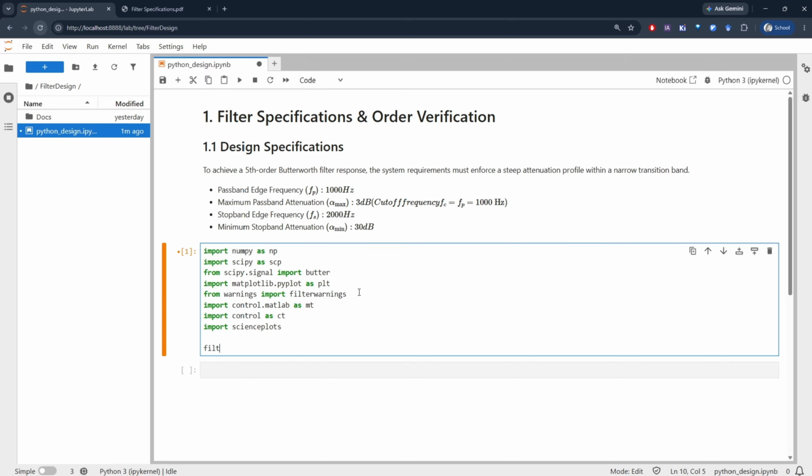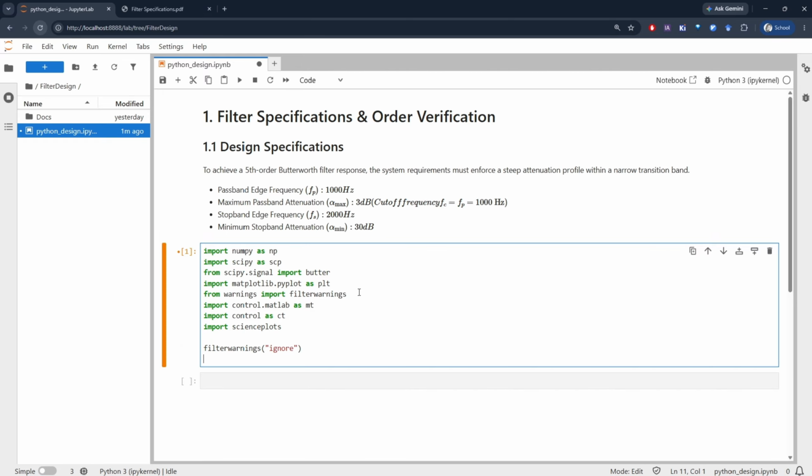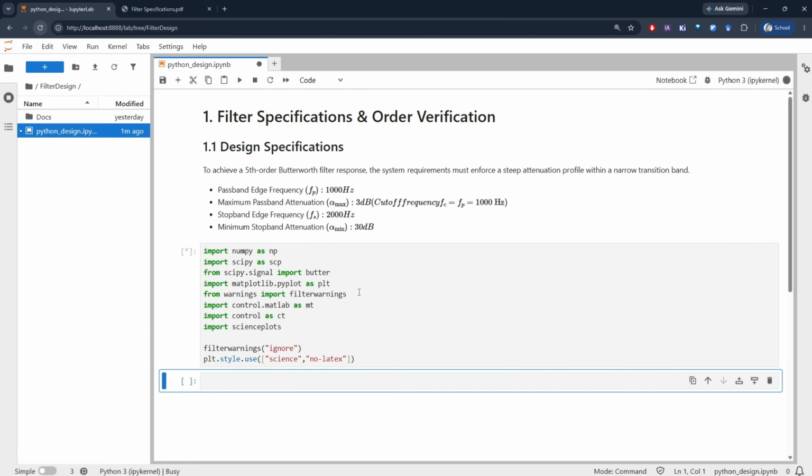Then you can say filter. Then I'm going to configure the style for the plots to look scientific. What's my configuration with latex? Let me have no latex. Yeah, so everything is okay.